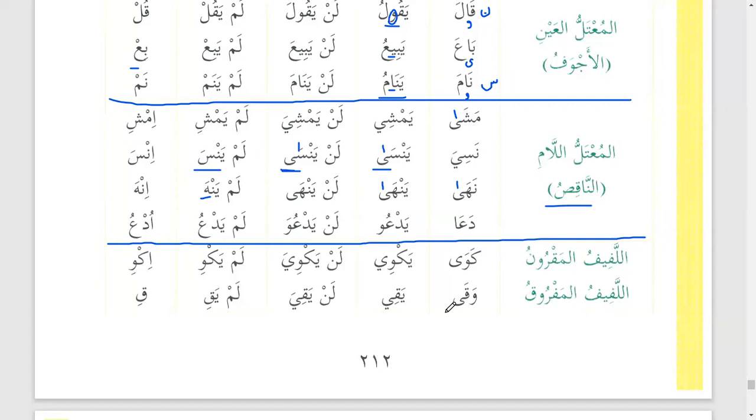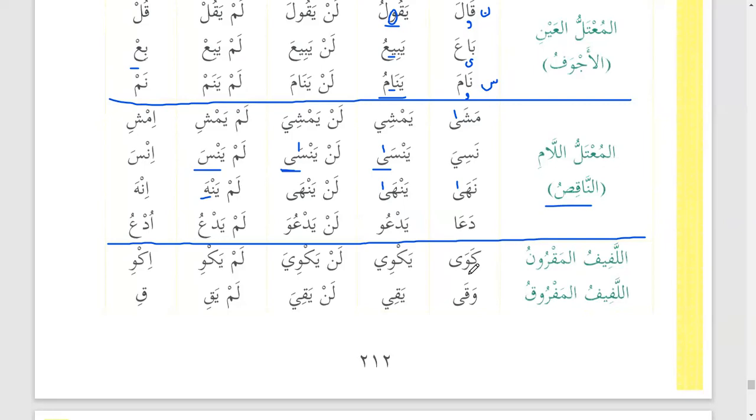So lafif means a verb that has two weak root letters. Maqroon means something that is nearby, from qarn, so qarin and maqroon mean something nearby.